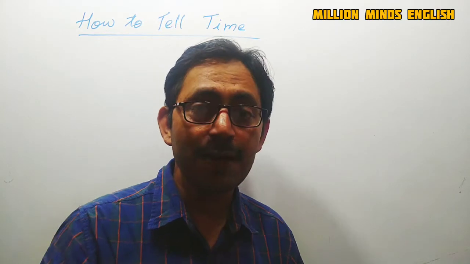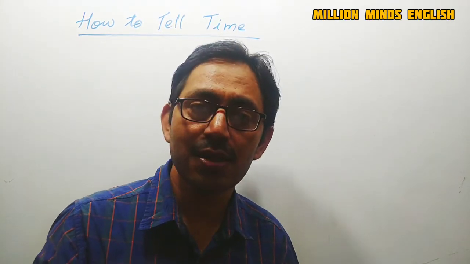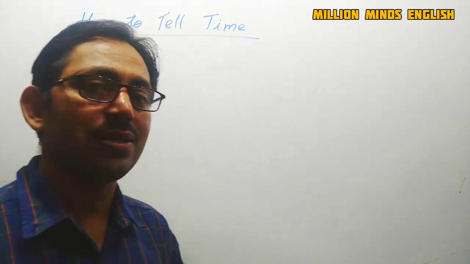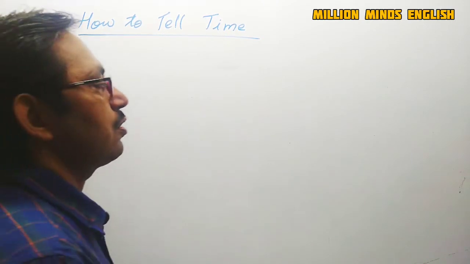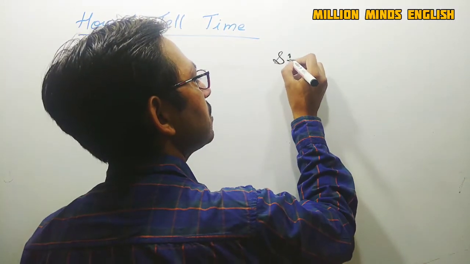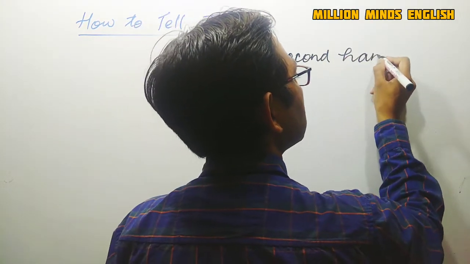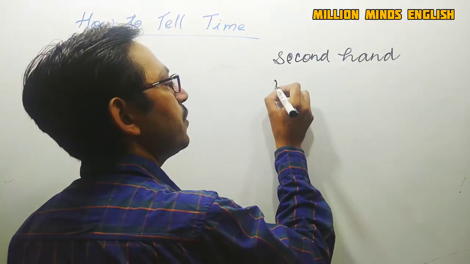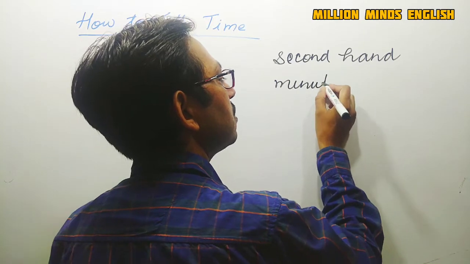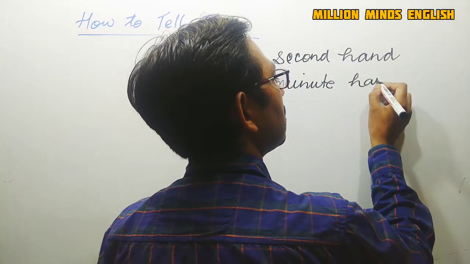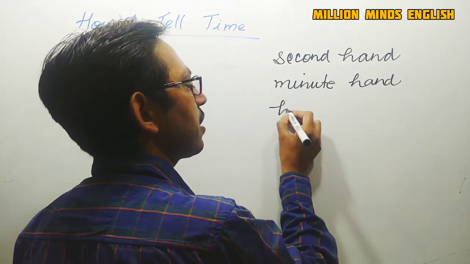So you can say the three hands which are used to tell time in a clock are known as second hand, minute hand, and friends, hour hand.